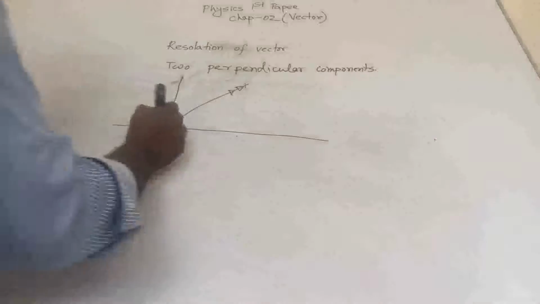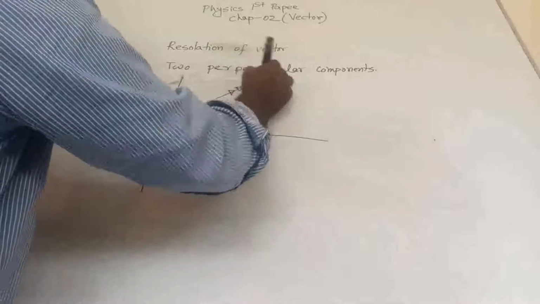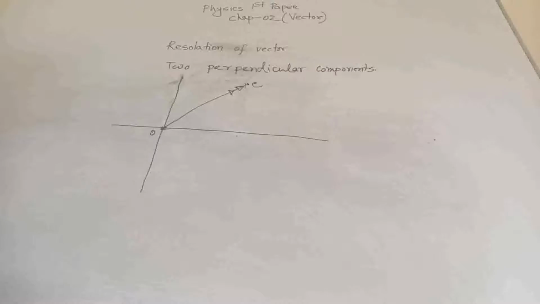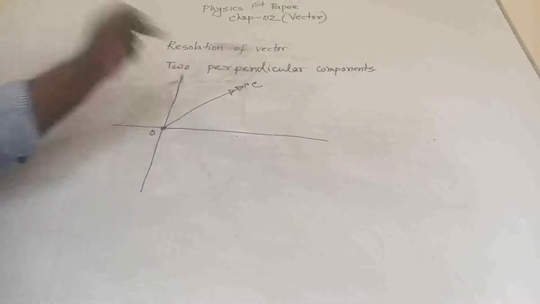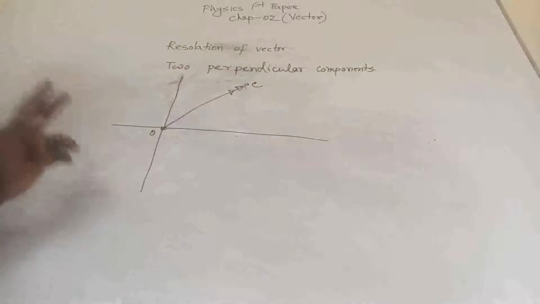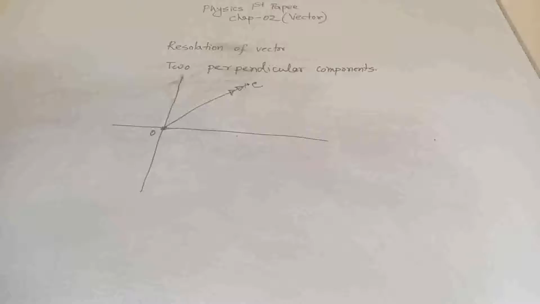So what is this? The length, for example, this one is OC. The length of OC indicates the magnitude of this vector.